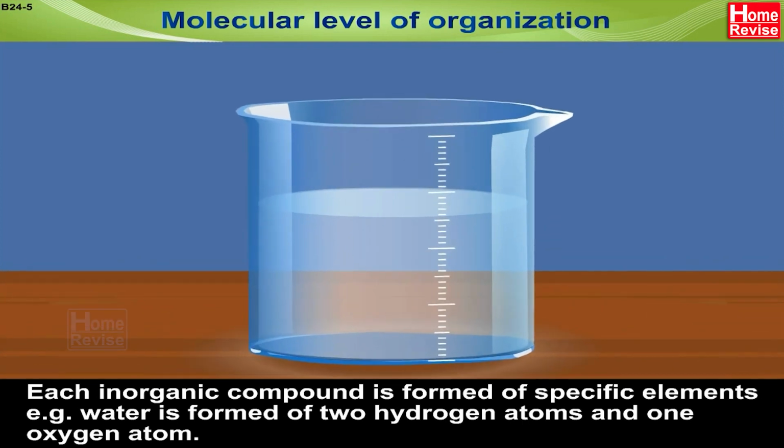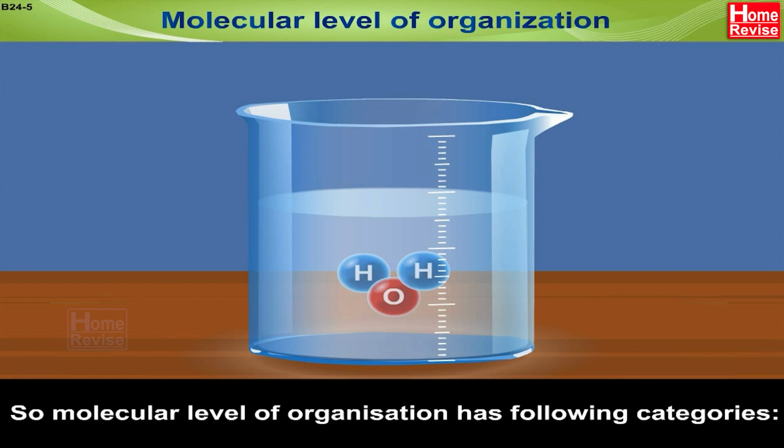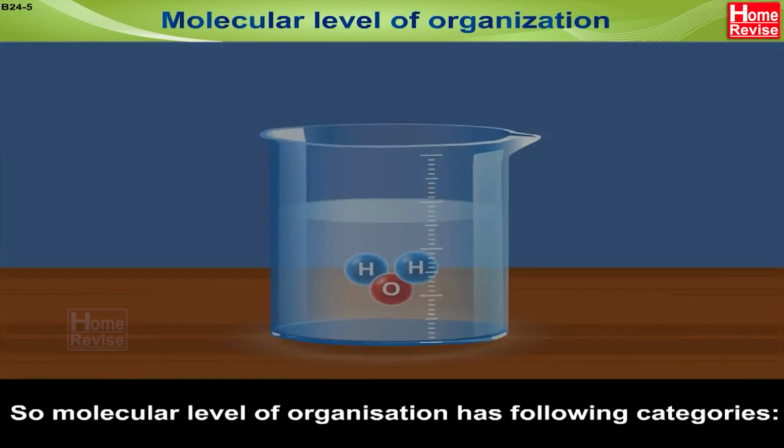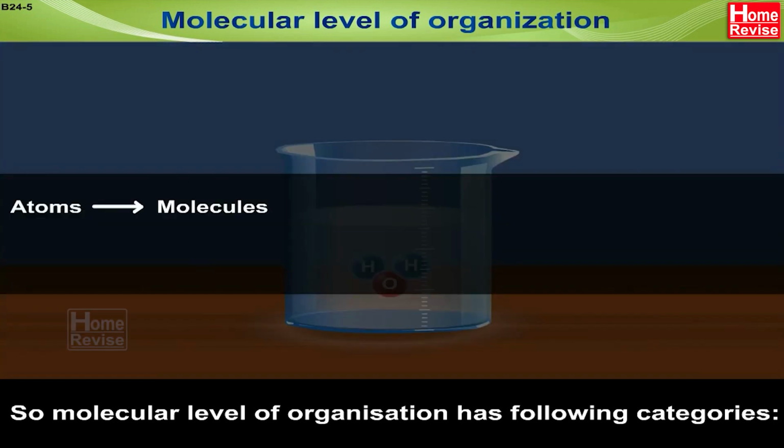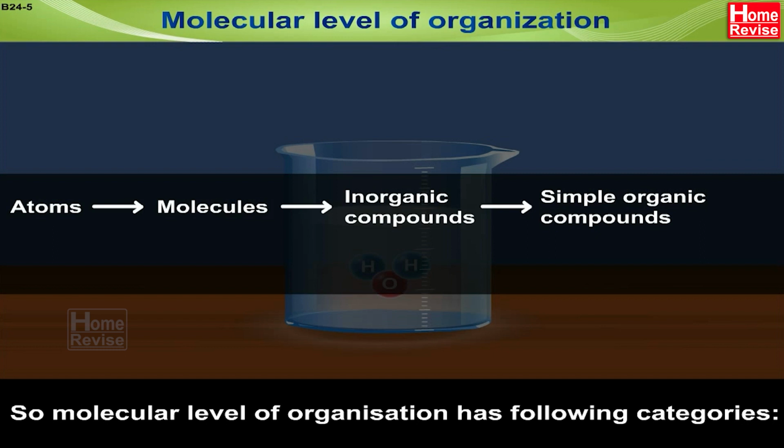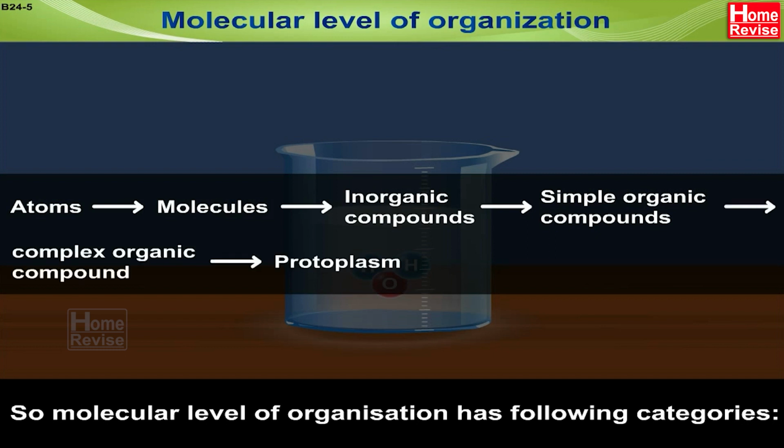For example, water is formed of 2 hydrogen atoms and 1 oxygen atom. So molecular level of organization has following categories: atoms, molecules, inorganic compounds, simple organic compounds, complex organic compounds, protoplasm, cell.